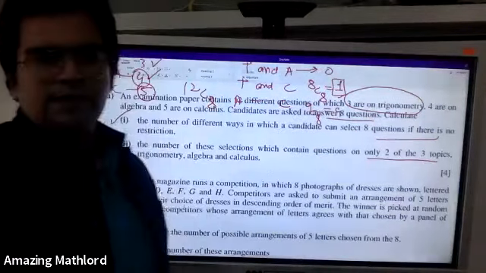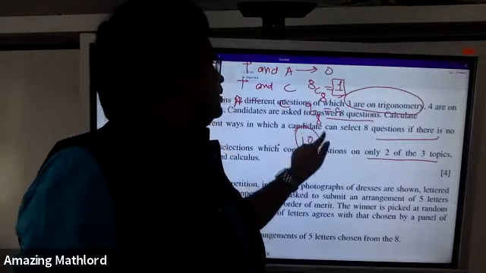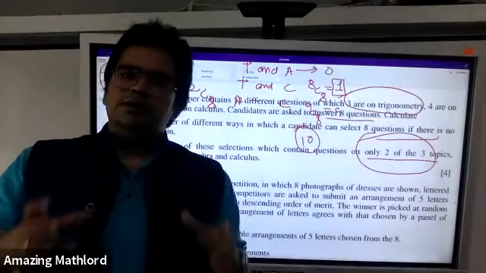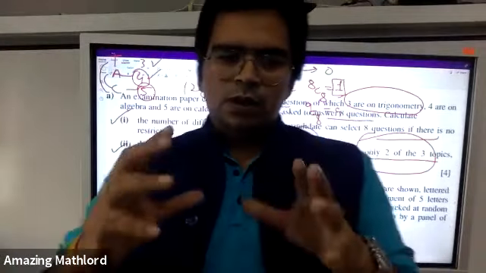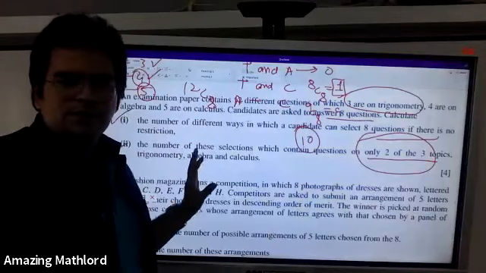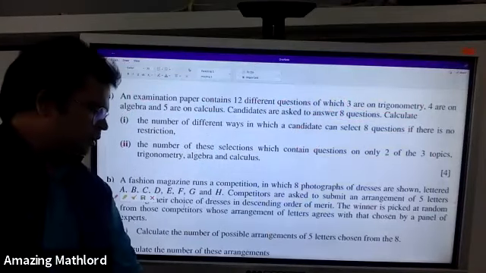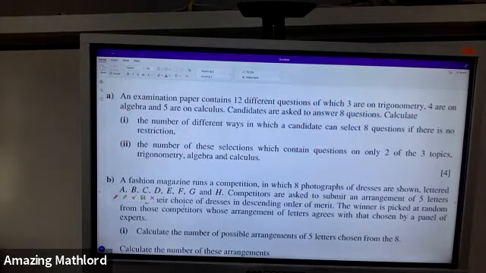So if you add them up, you'll get a total of 10 different ways in which you can select questions on 2 of the 3 topics. This is how you solve questions linked with these kinds of concepts. Now let us take one more example, which is once again a very general example, but hopefully we can learn something from it.